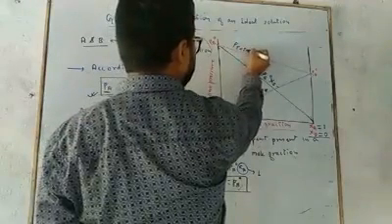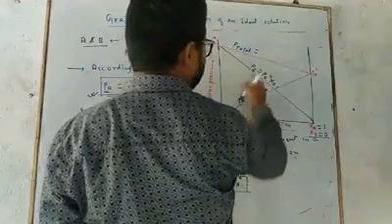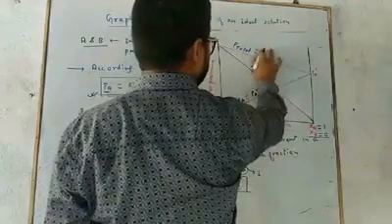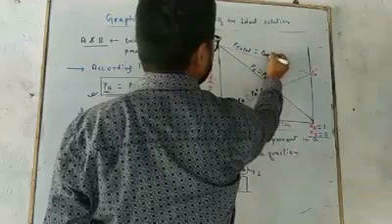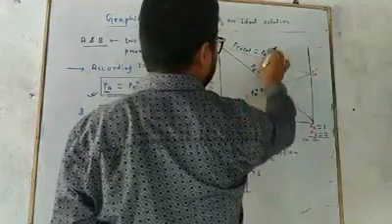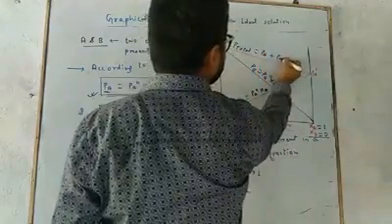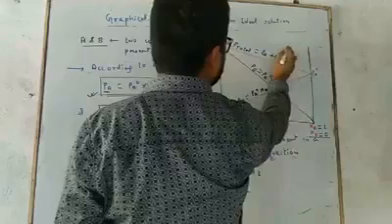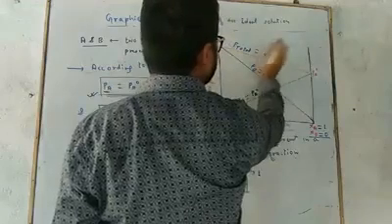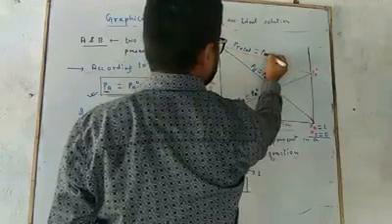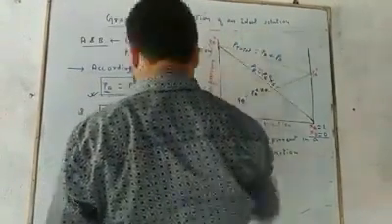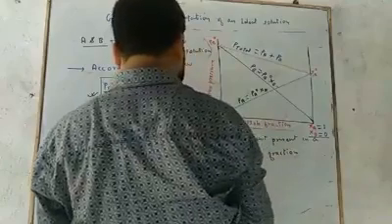This will give you P total, and it is equal to PA plus PB. And we can say this is the vapor pressure of solution.